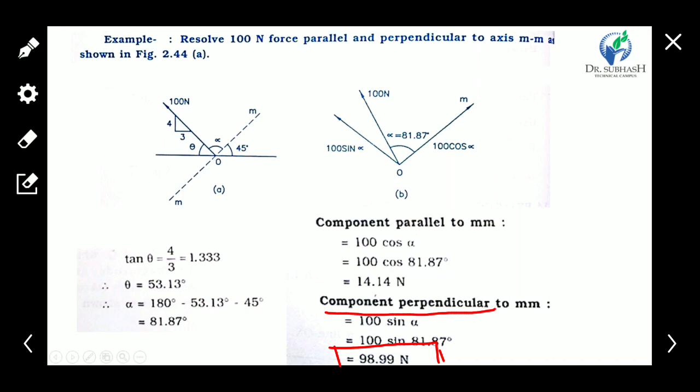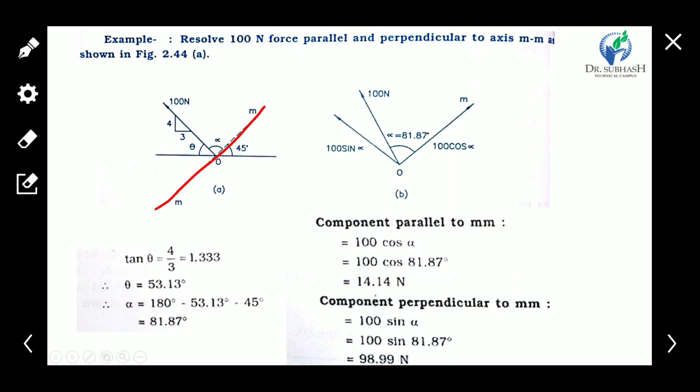So in this way we can resolve the force into two components. In a technical way, we can say we resolve the force into two orthogonal components by the reference axis, or without a given reference axis, we can take the components as horizontal and perfectly vertical.